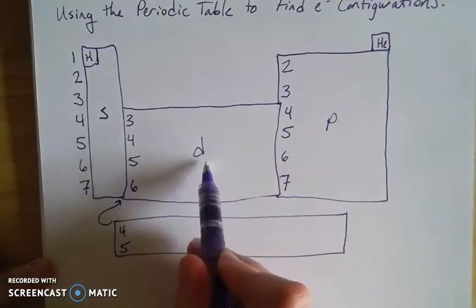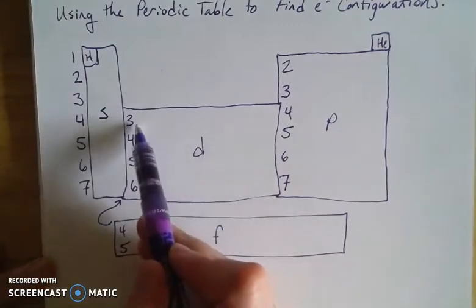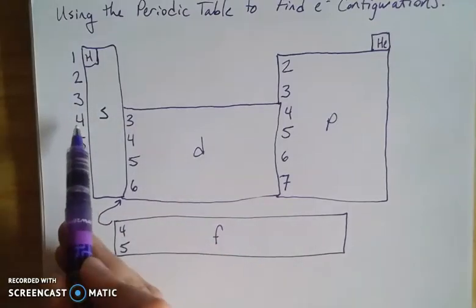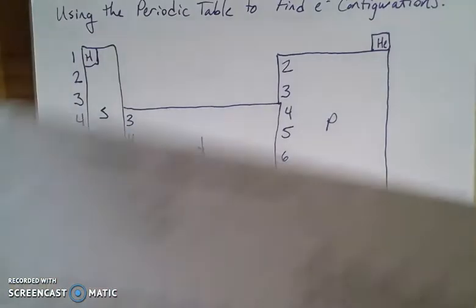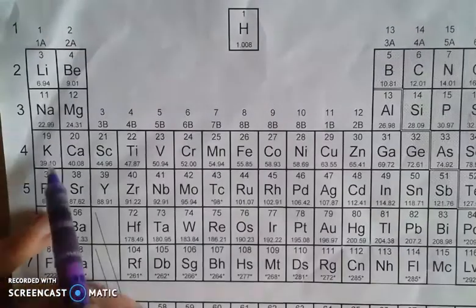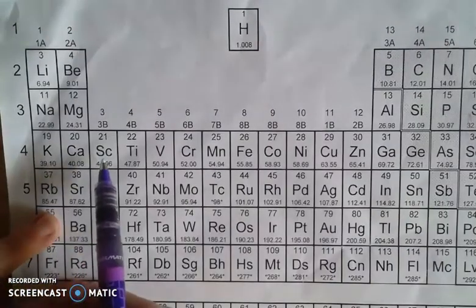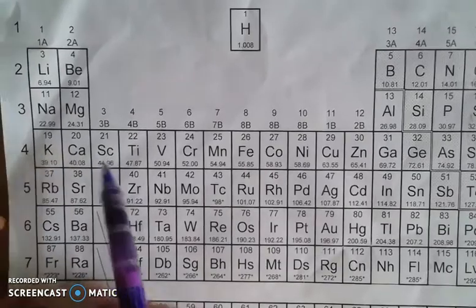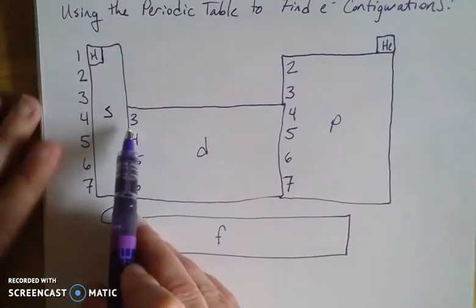For the D block, it's going to be 1 less than the row that it's in. So we're in period 4 here, which starts with potassium. But when I hop over to the D block, this is the start of my 3D orbitals, electrons in my 3D orbitals.